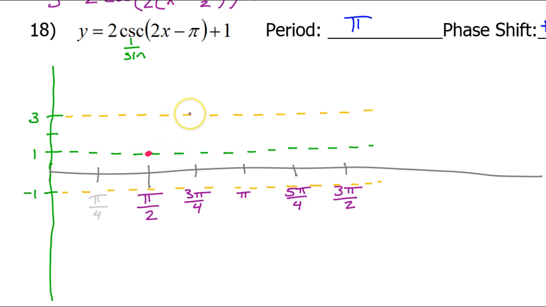And then it goes up to its high mark after a quarter of a period, and then after another quarter of a period it falls back to the midline, and then it falls to its lowest value, and then it ends up back on the midline again. So I'm just going to very lightly sketch the sine function.